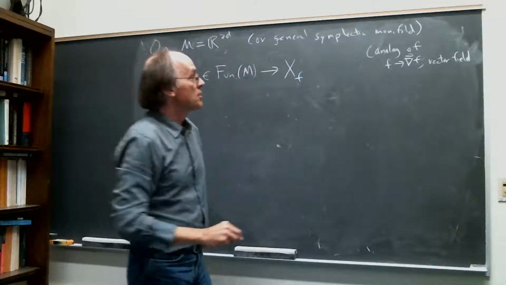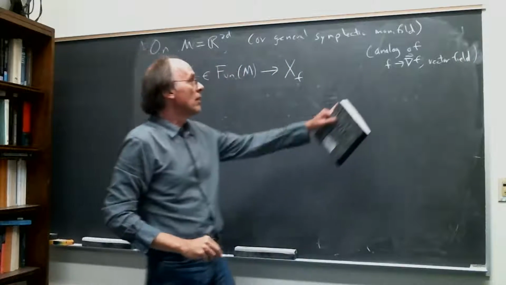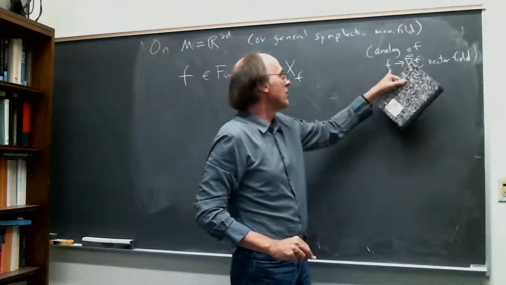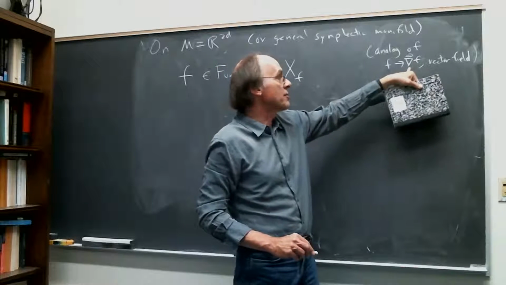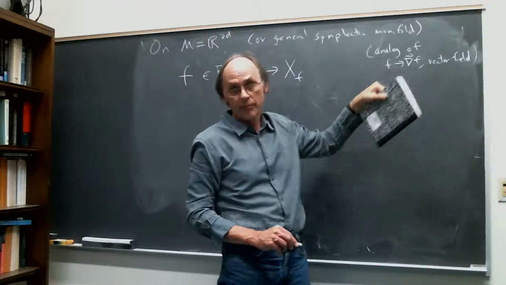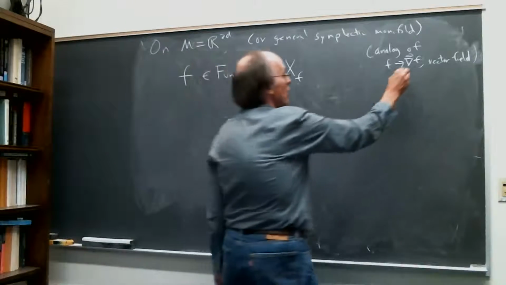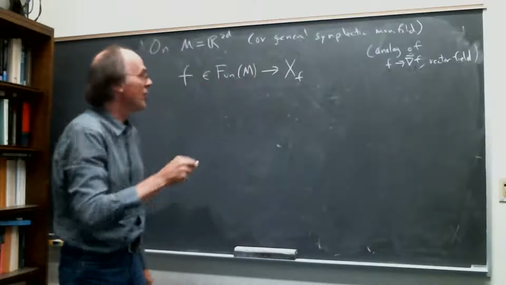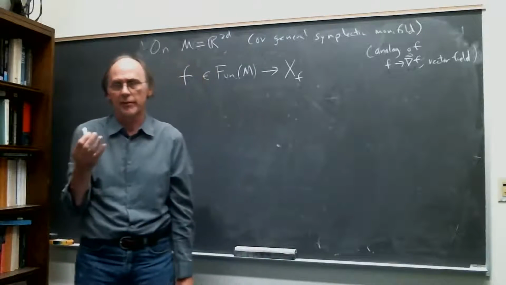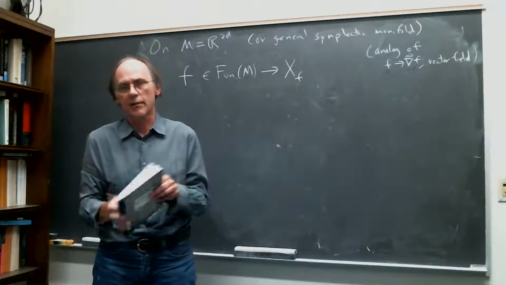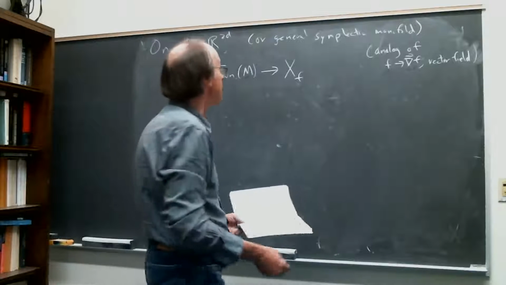Okay. So what you can always do, somebody hands you a function on a space, is you can compute a vector field just by taking the gradient. Okay. So gradients are one kind of vector fields. But if you're on a symplectic manifold, you can take something a little bit different, which is in some sense the symplectic version of the gradient. And then the formula looks like this.